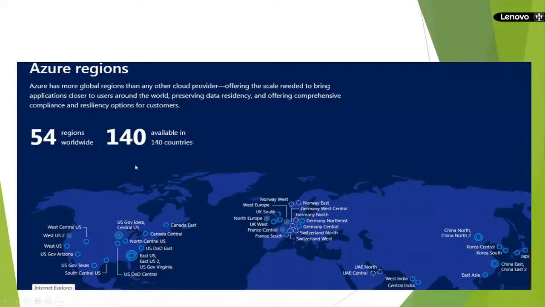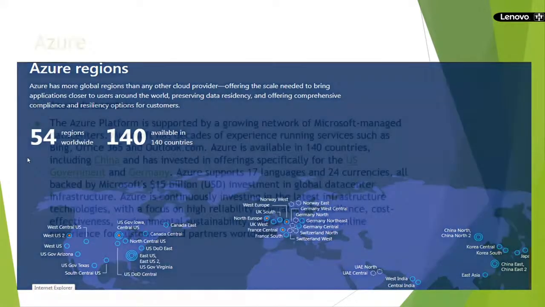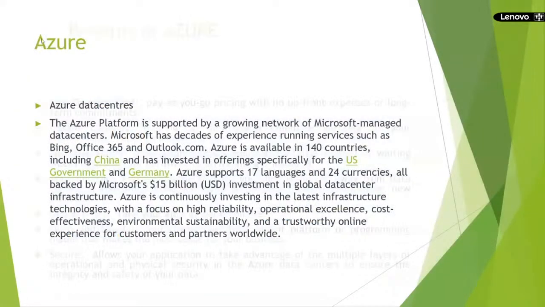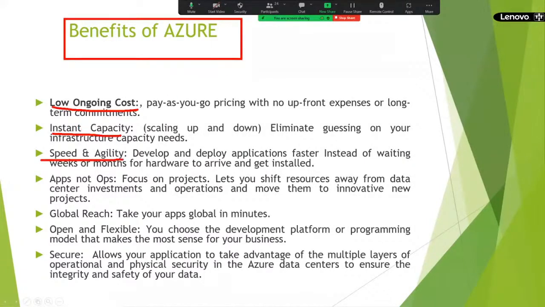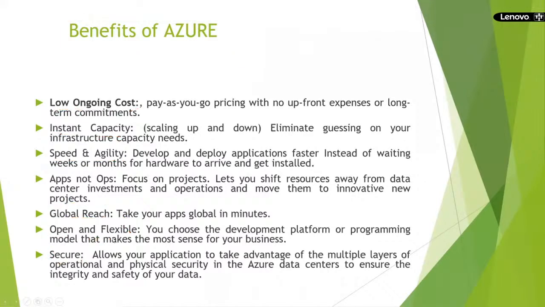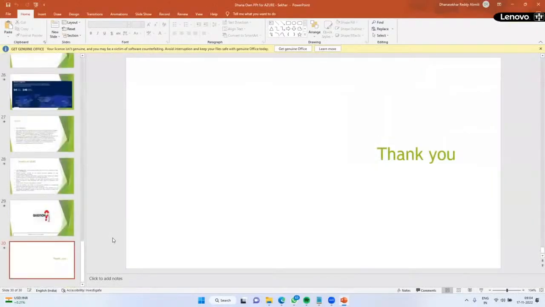Most clients are migrating from AWS to Azure as well. So what are the benefits of Azure? Low cost, instant capacity, speed and agility. It is global, modern, and very flexible. Also, it is very, very secure. This is the overview of Microsoft Azure.